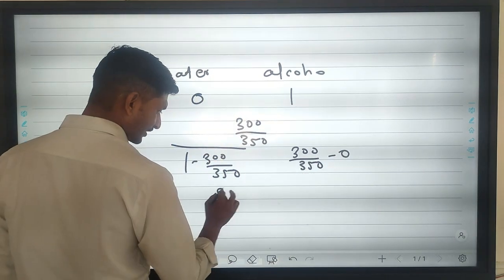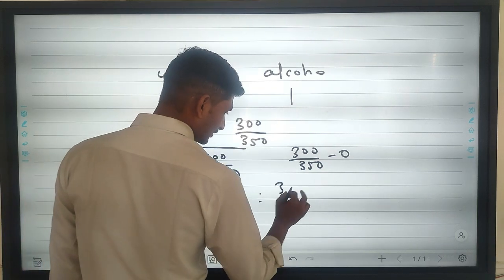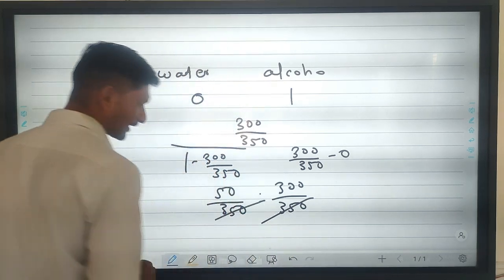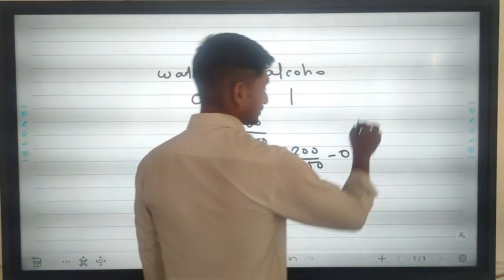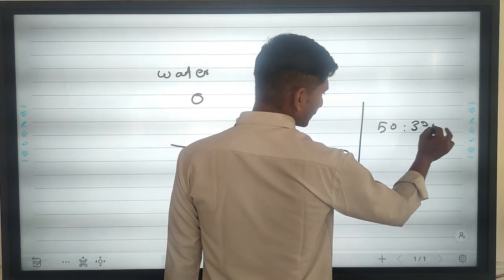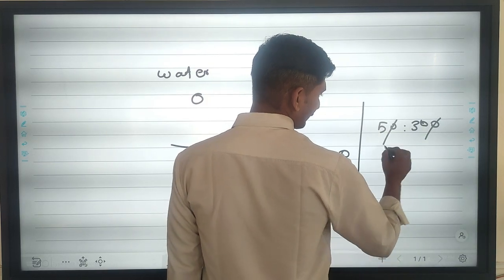Here we write 50 divided by 350 to 300 divided by 350. Now they cancel and remain 50 to 300.